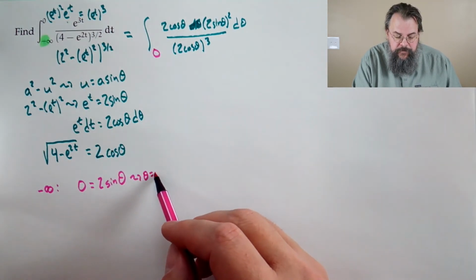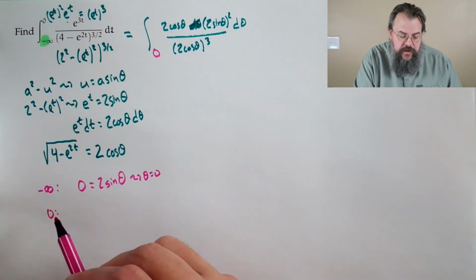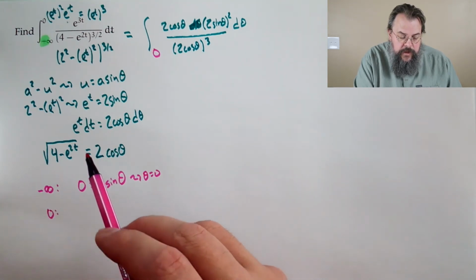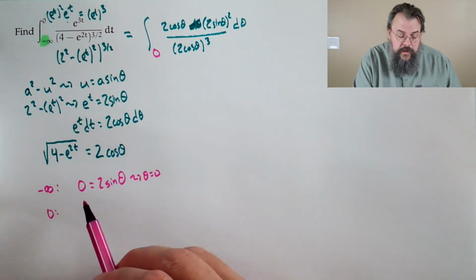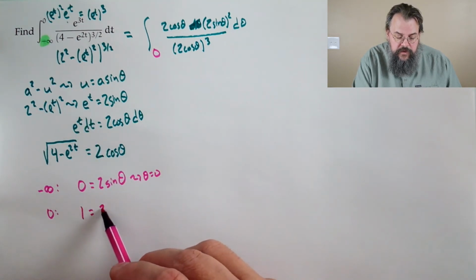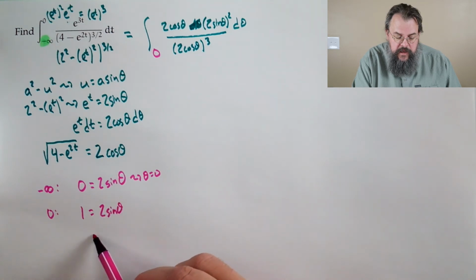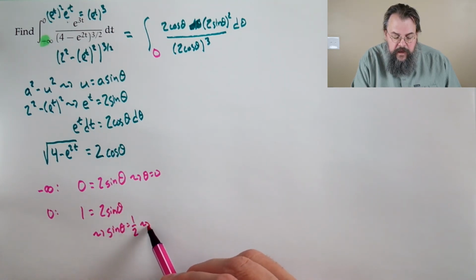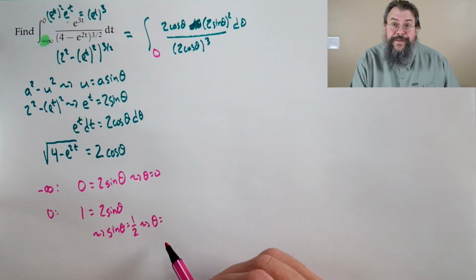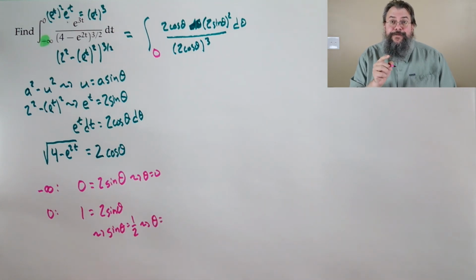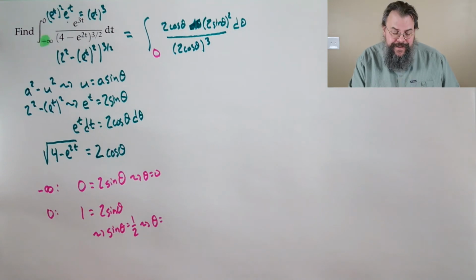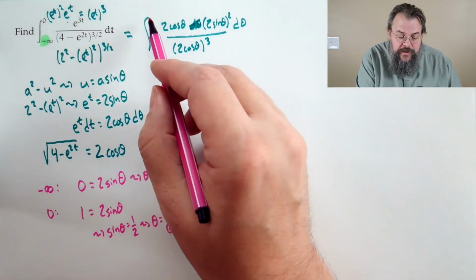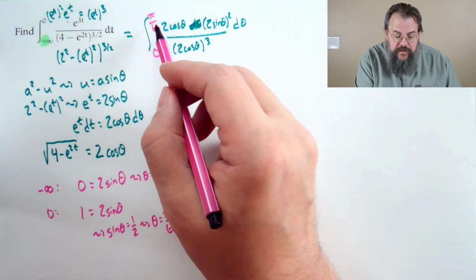Okay. And how about 0? Well, what's that going to do? Well, at 0, we have e to the 0, 1, equals 2 sine theta. Okay, that says sine of theta is a half. And aha, that is a nice angle. Do you remember it? When does sine equal a half? It's at pi over 6. So 0 to pi over 6.